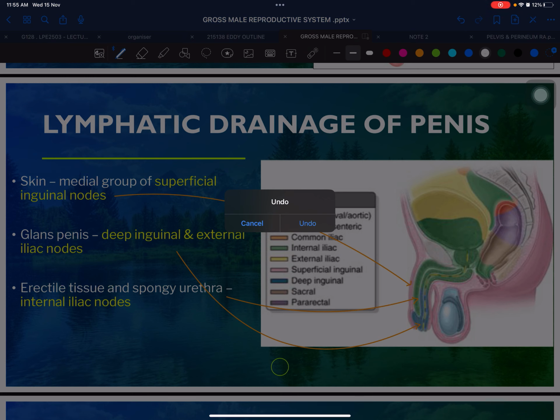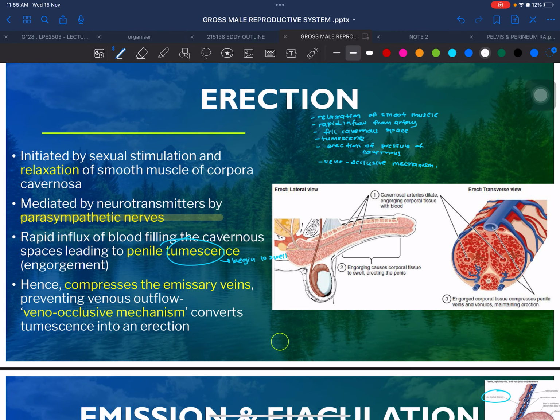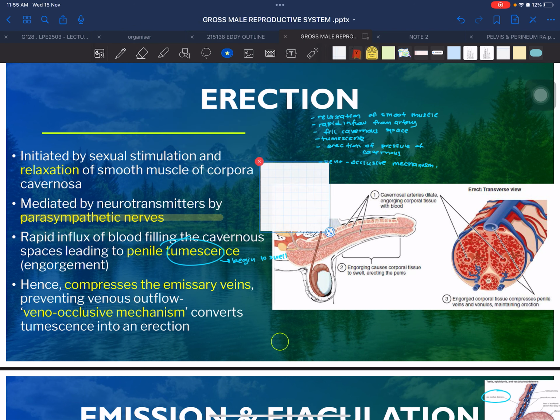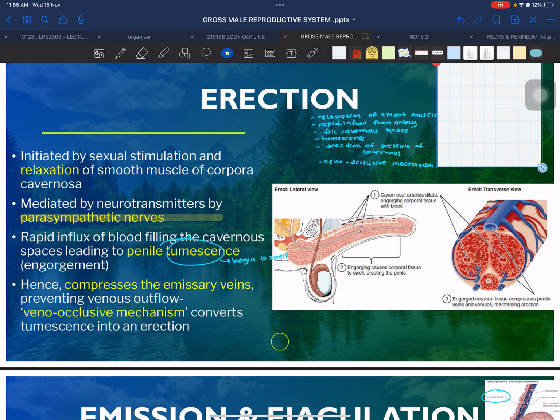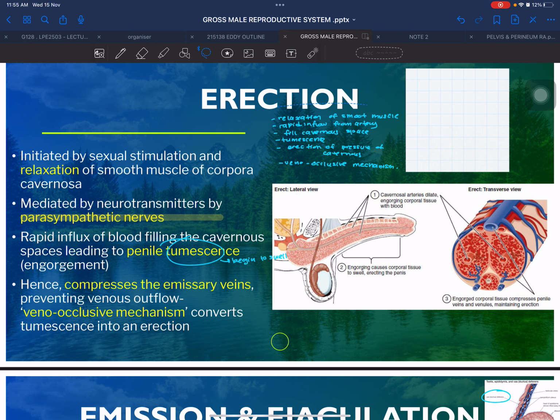Okay, now this is about the erection of the penis. Okay, it is initiated by sexual stimulation and relaxation of the smooth muscle of the corpora cavernosa. Okay, the smooth muscle of the corpora cavernosa needs to be relaxed, and it needs the parasympathetic, not sympathetic or somatic. Okay, the erection is only by the parasympathetic, and subsequently there is an influx of blood filling the cavernous spaces, leading to dilatation of the vessels and engorgement.